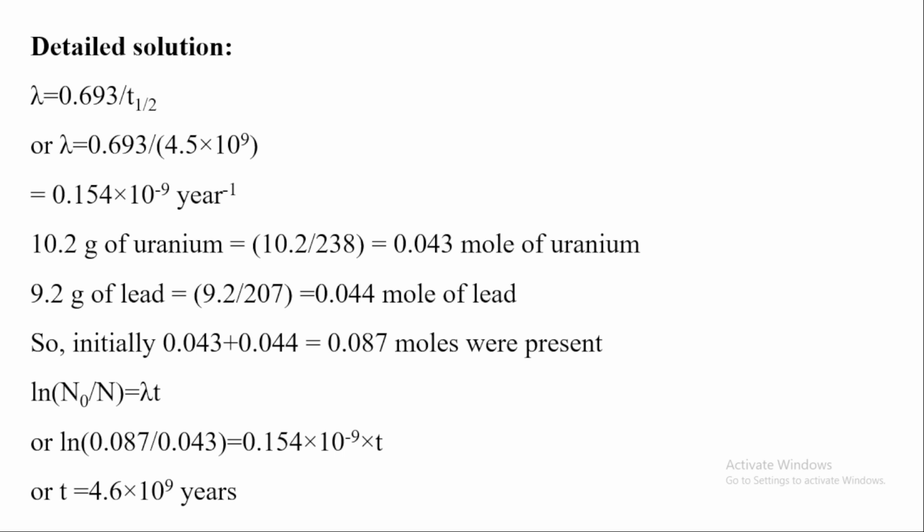Now similarly we will calculate the number of moles of lead. We have 9.2 grams of lead, and the atomic mass number for lead is 207. So 9.2 divided by 207 is equal to 0.044 moles of lead.